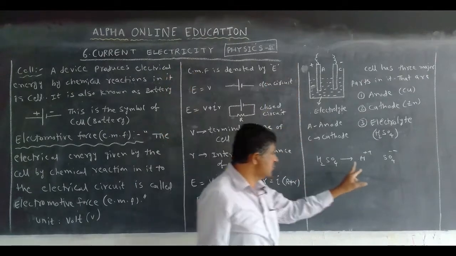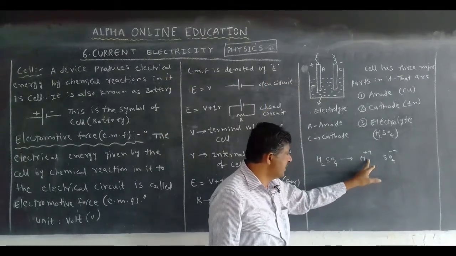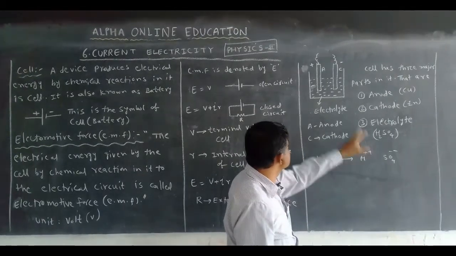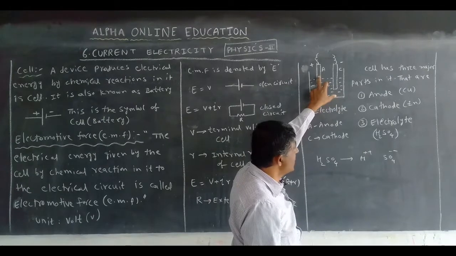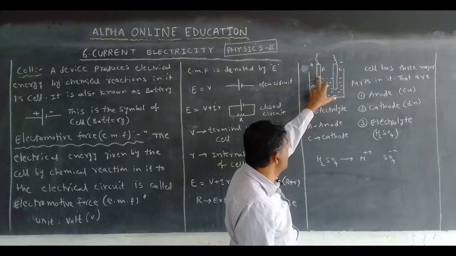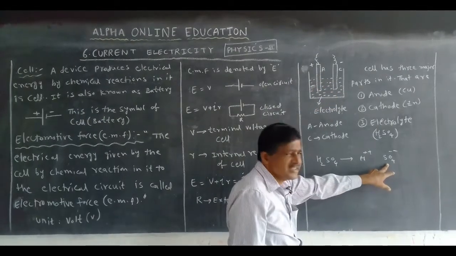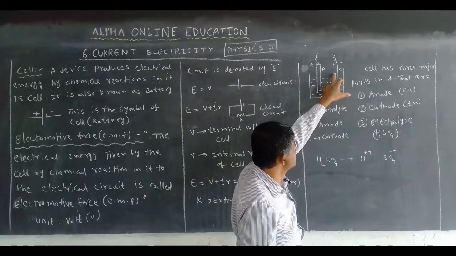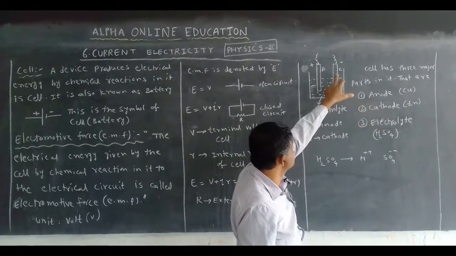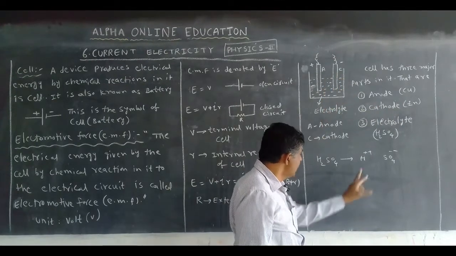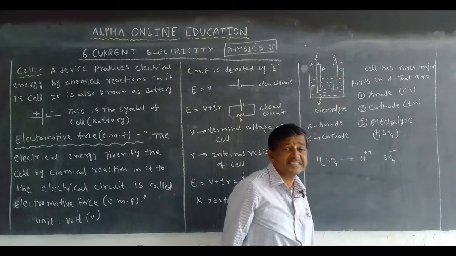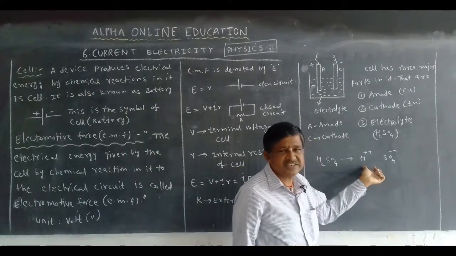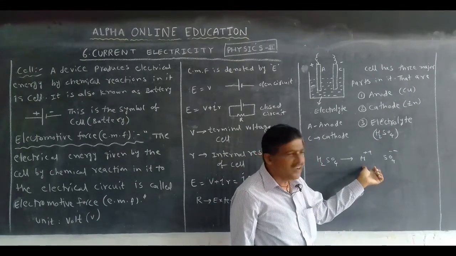H plus plus moves towards the copper plate, that's why it is called anode. SO4 minus minus moves towards the zinc, that's why it is called cathode. H plus plus is called a cation.